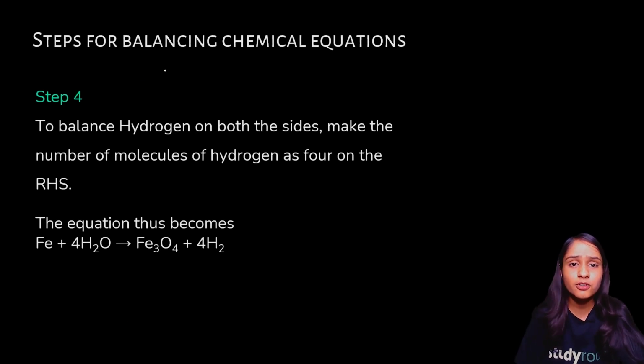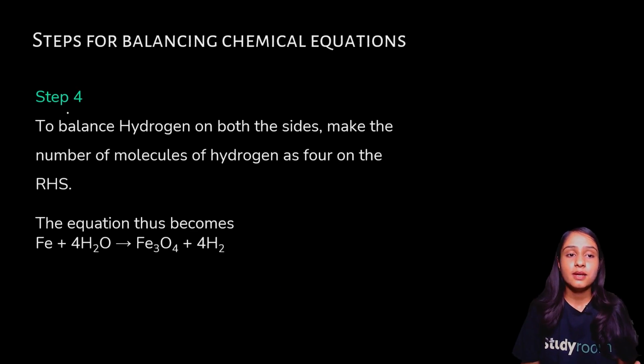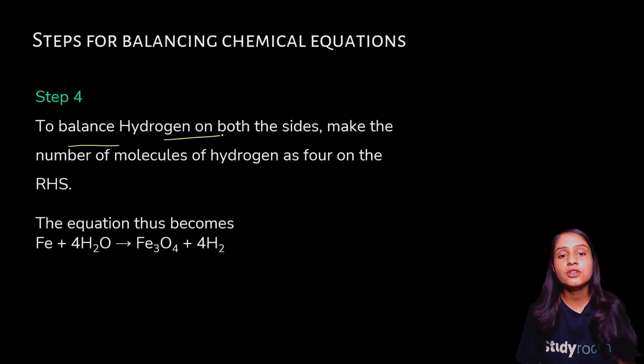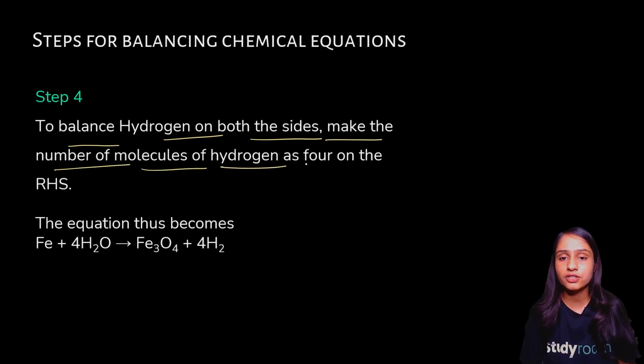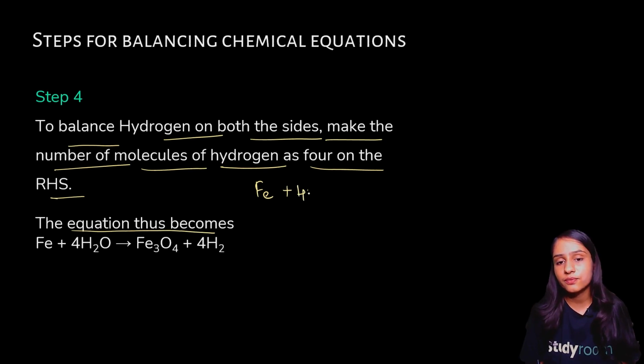Step for balancing the chemical equation. Step 4: to balance hydrogen on both sides, make the number of molecules of hydrogen 4 on the right hand side. So the equation thus becomes what? Because the number of hydrogen got exceeded on the left hand side.